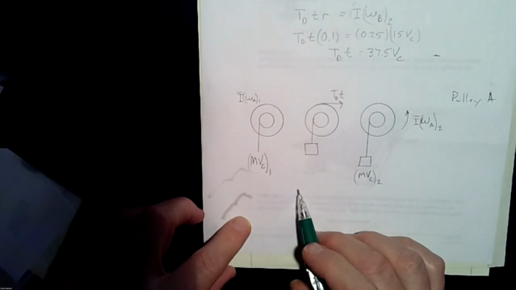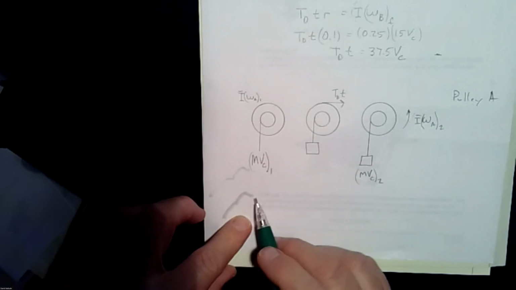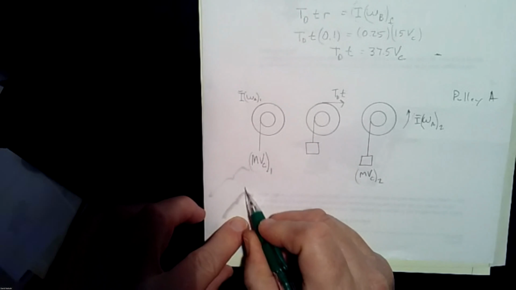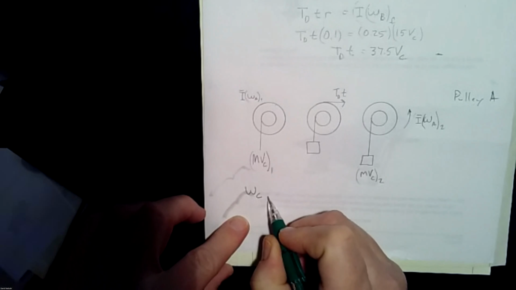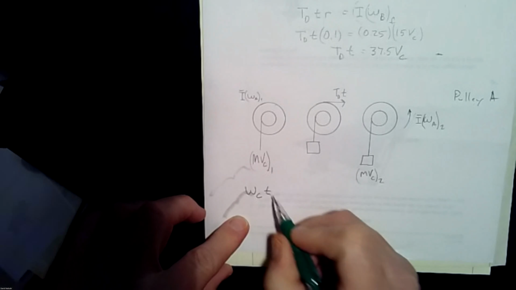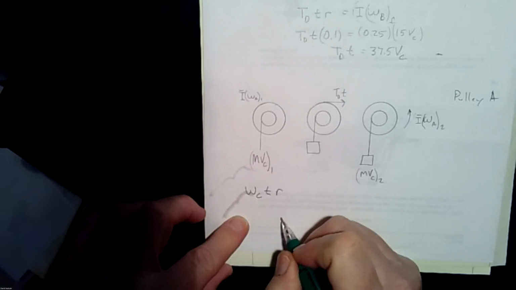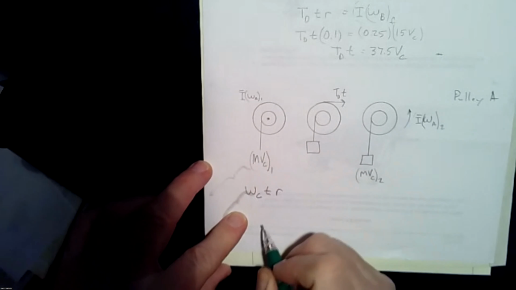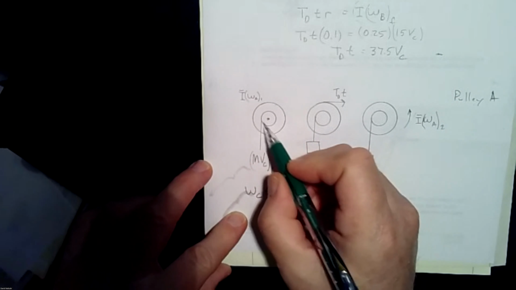But so if we write the equation for this, we know it's going to be the weight of C times time times the radius, right? So in this one, because we have this block sitting over here, that's going to create a moment, isn't it?